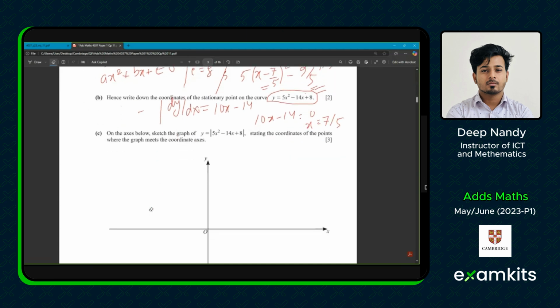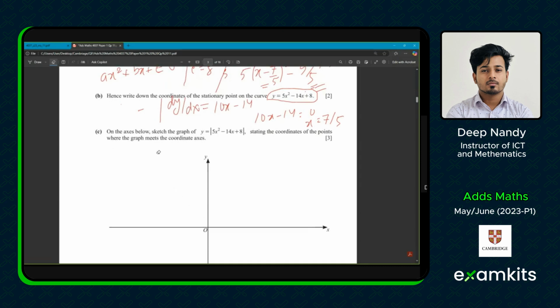Now, moving on to part C. On the axis below, sketch the graph y equals modulus of 5x square minus 14x plus 8. As we know, this graph is a parabola, as x square graphs are parabolic.